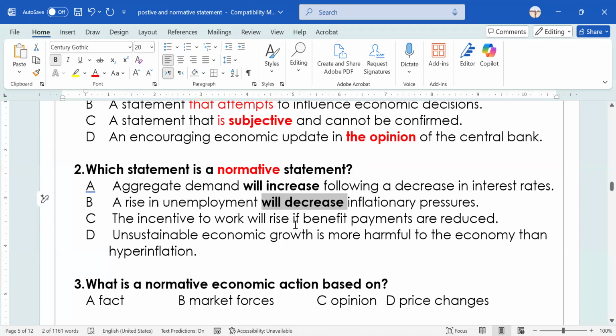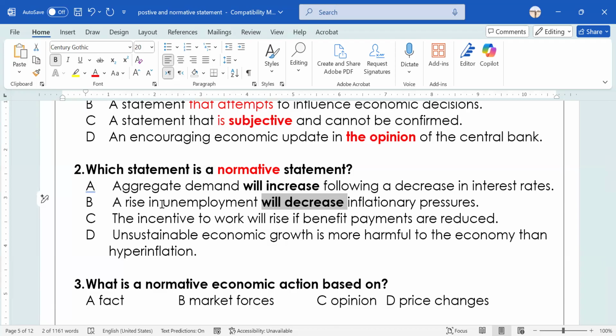Will decrease is again another prediction. And it says that inflation will go down if unemployment goes up. So this statement is not normative, but rather positive, because there is a factual claim based on economic theories. So it can be tested with data.